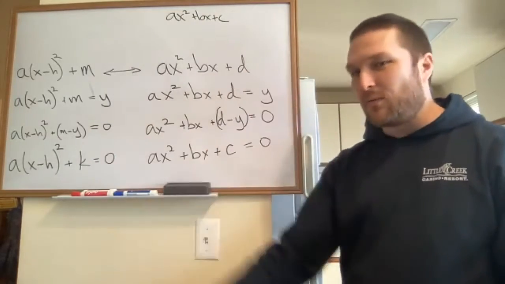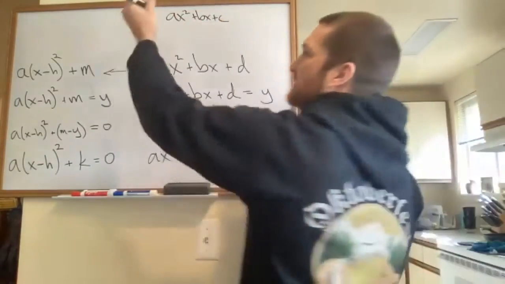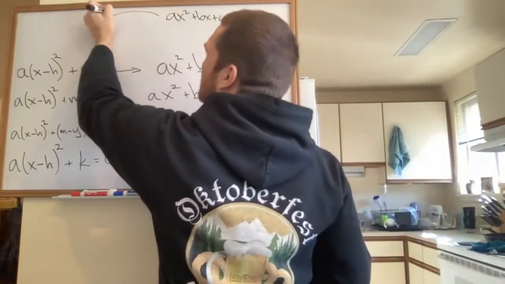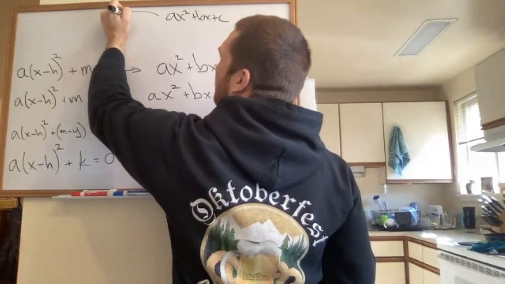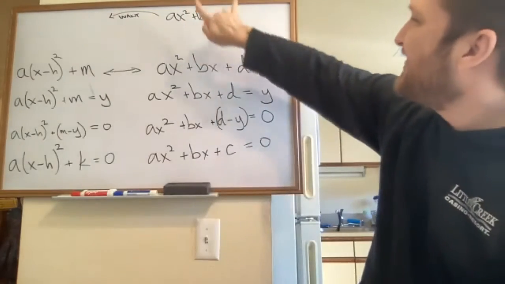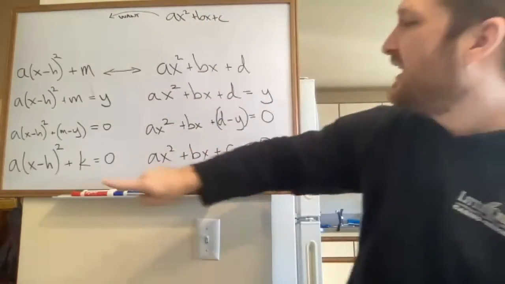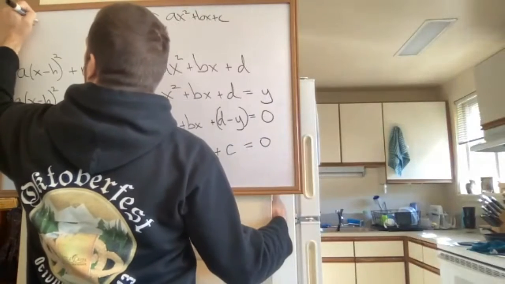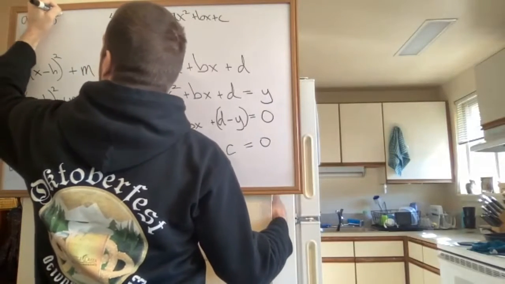In general, what we have is an expression like this. And what we want, I'm even going to write want right here, is to turn this type of thing into this type of thing: a(x minus h) squared plus k.